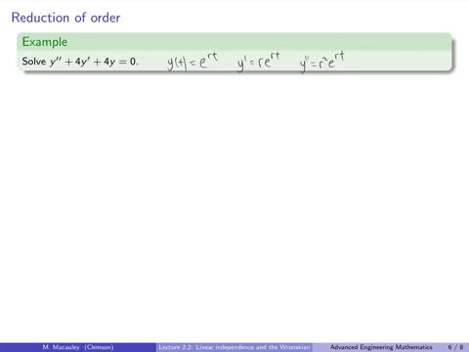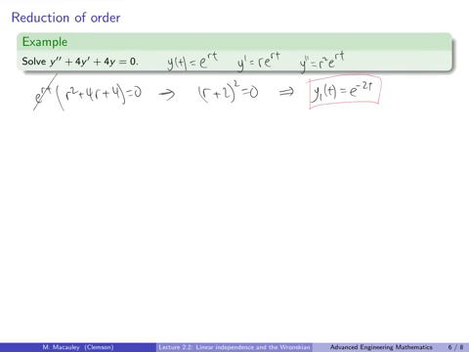What you get is an e to the rt in every term, and then you get r squared plus 4r plus 4 equals 0, and you divide through by e to the rt, and you get that r plus 2 quantity squared equals 0. So this technique only yields one solution, so that's y1 of t equals e to the minus 2t. So there is your first solution. And unfortunately, we don't get a second one like this.